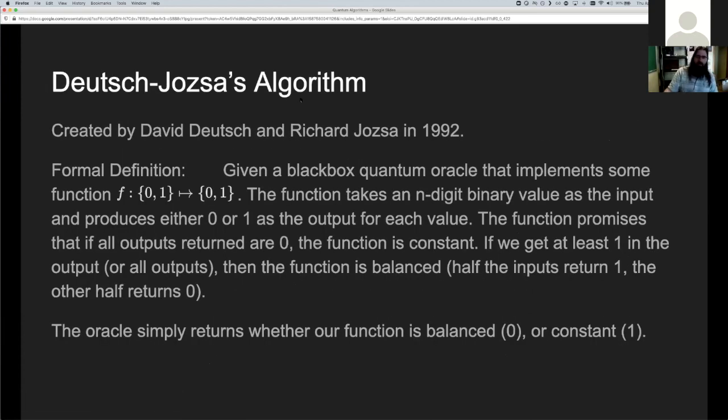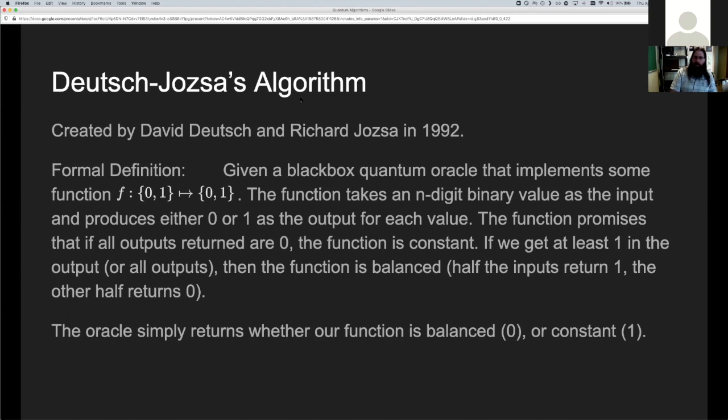Deutsch-Jozsa, more specifically, was created by David Deutsch and Richard Jozsa in 1992. The formal definition is: we're given a black box quantum oracle that implements some function f that maps {0,1}^n to {0,1}. The function takes an n-digit binary value as the input and produces either 0 or 1 for each value.